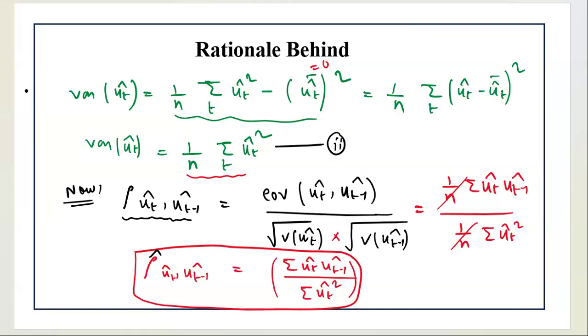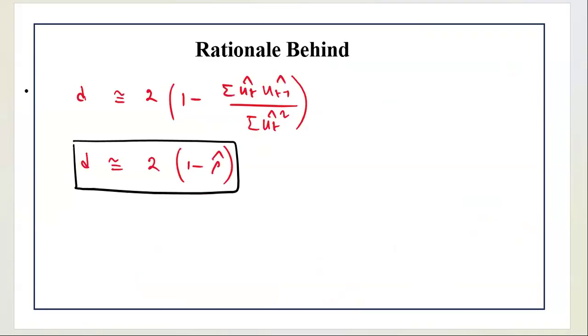This is the estimated value. Rho is the parameter, and rho cap is the estimated value of that. Since rho cap depends on the residuals, and residual means estimated error, everything that you do here is estimated. That is why this cap is valid. Cap means you are estimating something. So here this rho is estimated, and hence it is rho cap, right?